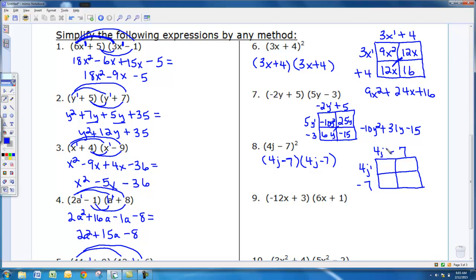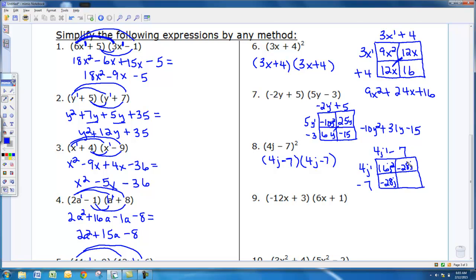All right, let's check. So 4 times 4 is 16. J times j is j to the second. 4j times negative 7 is negative 28j. Negative 7 times 4j is negative 28j.